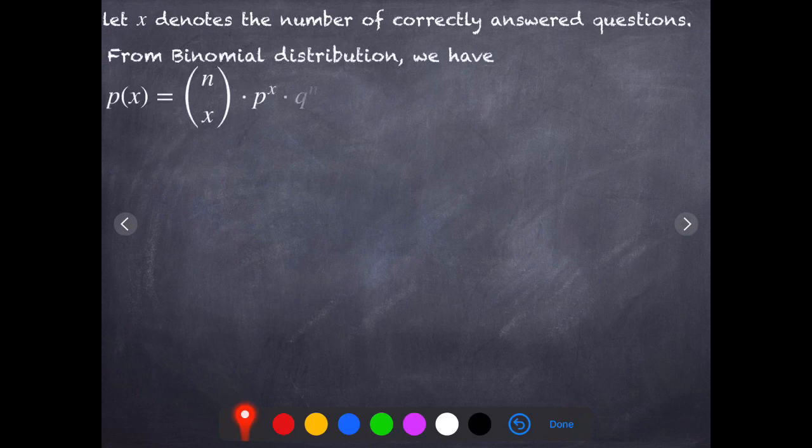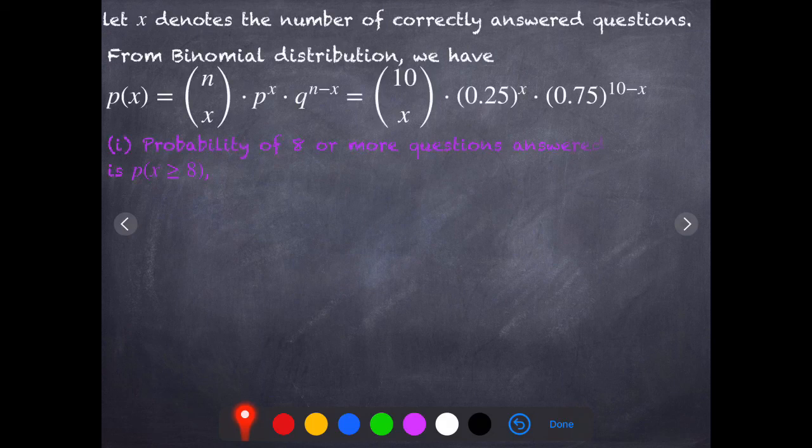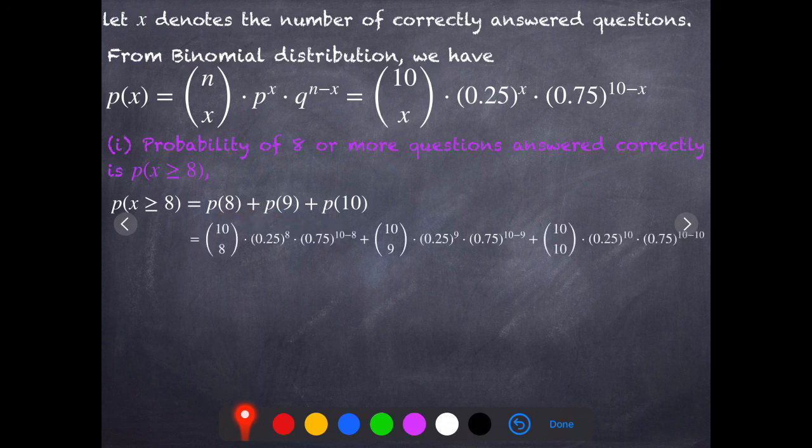So substitute all these values in the formula. Now the first question is the probability of 8 or more questions answered correctly. Okay, 8 or more, greater than or equal. Since only 10 questions are there, don't go with 1 minus, directly go like P of 8 plus P of 9 plus P of 10. Substitute the values of x equal to 8, 9 and 10 in the above equation.